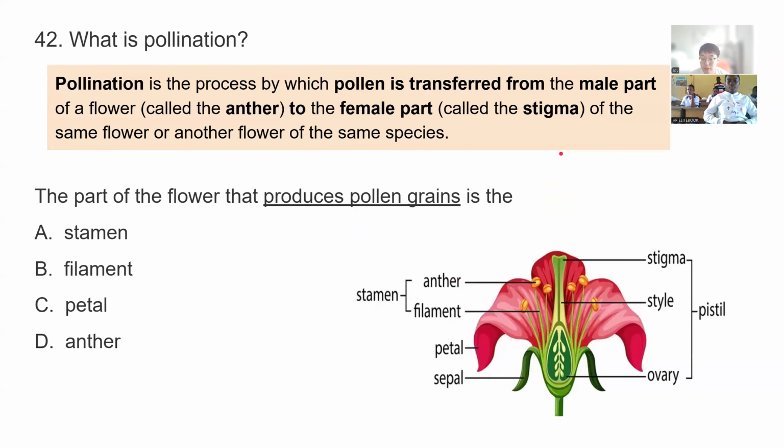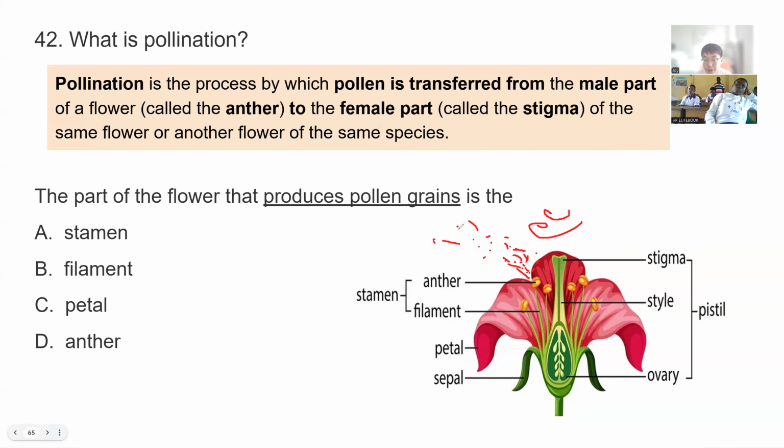So what occurs is pollination. Pollination is the process by which pollen is transferred from the male part of the flower, also called the anther, and travels to the female part, which is the stigma, of the same flower or to another flower of the same species. So the male part produces a lot of pollen and it travels maybe by wind as wind blows on it.